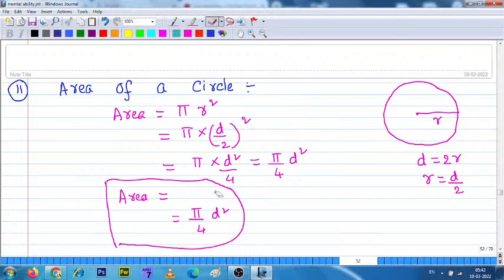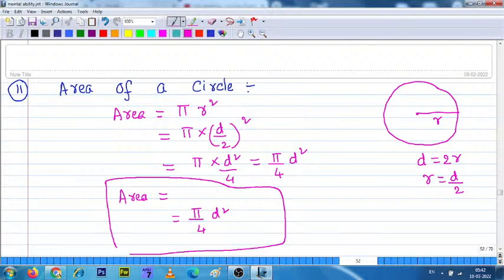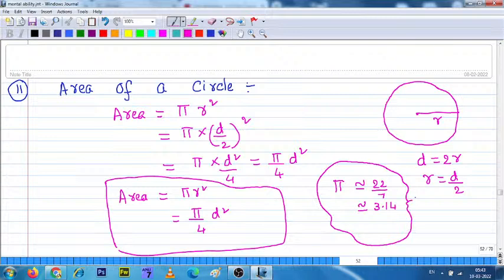Radius given, pi r square; diameter given, pi by 4 d square. Yes, pi is approximately 22 by 7 or approximately 3.14. Yes, right, absolutely correct.